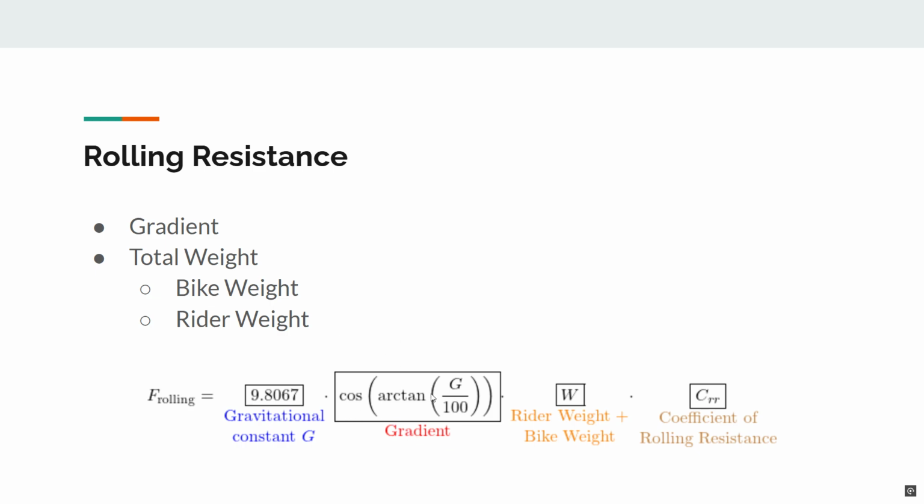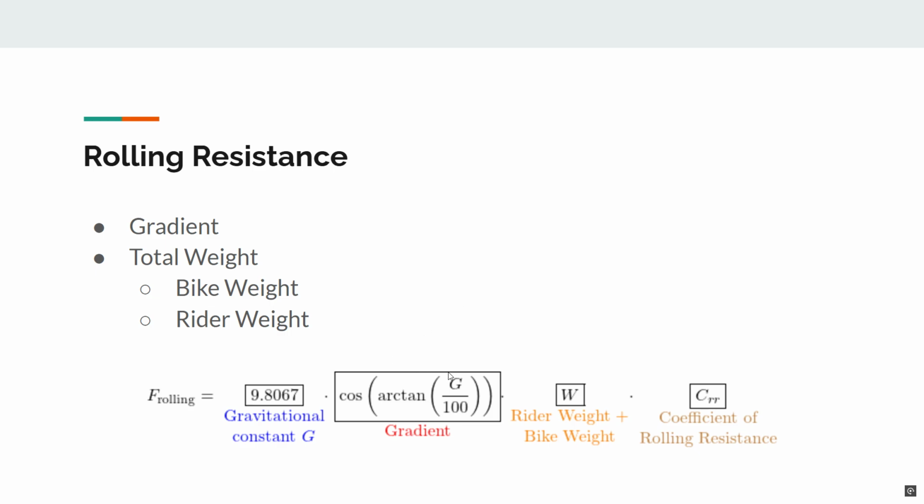Then we have this part that takes into consideration gradient. In this case, we are interested not in the elevation, in how much the altitude changes like before, but in the horizontal movement that we have.